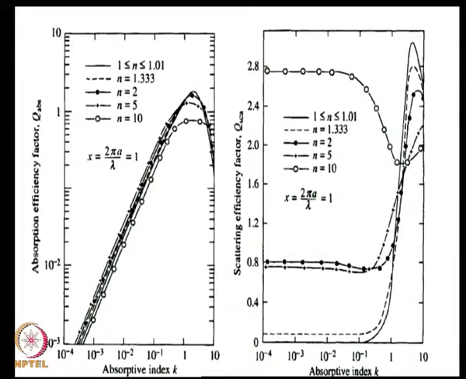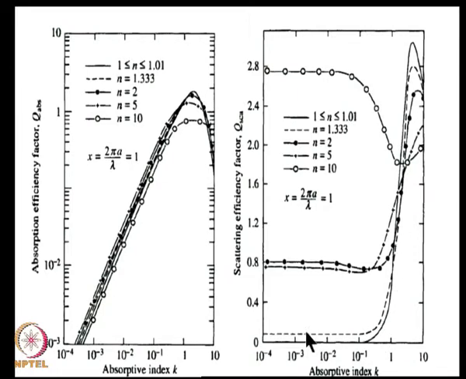You can see that in the case of absorption efficiency, the real part of refractive index plays no role, whether it is 10 or 1, the graphs are pretty much going together. But if you come to the scattering efficiency factor, you see that refractive index plays a very important role. If refractive index is close to 1 here, you see there is hardly any scattering unless the absorption index is very large.